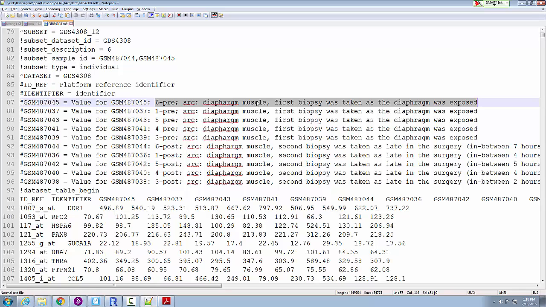This is diaphragm muscle, first biopsy taken as the diaphragm was exposed. If you look down at 487044, this is 6 post. The first one was 6 pre. This is 6 post. So this is diaphragm muscle, second biopsy, late in surgery.